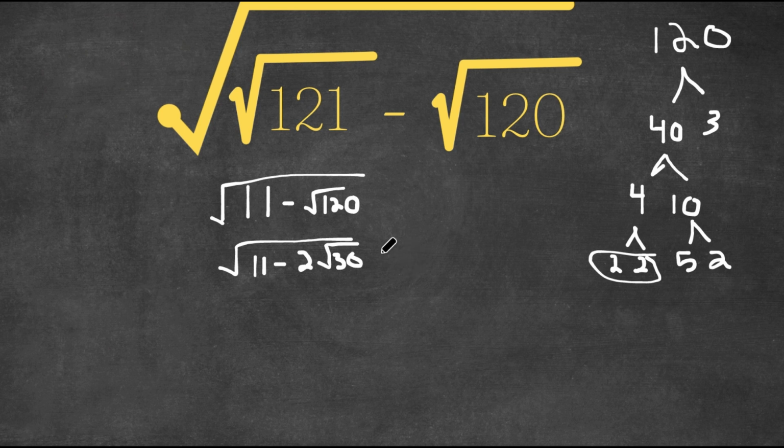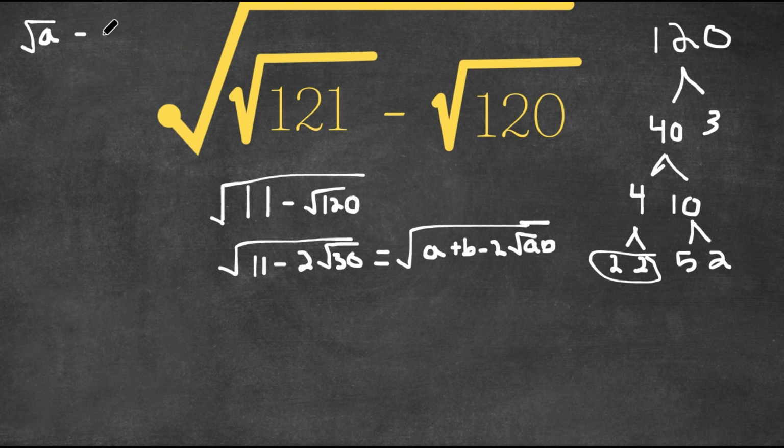So this is currently in the form the square root of a plus b minus 2 root ab. And what we want to do is turn it into the form the square root of a minus the square root of b.